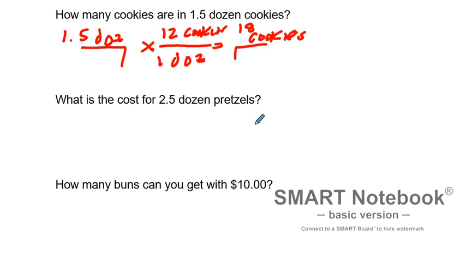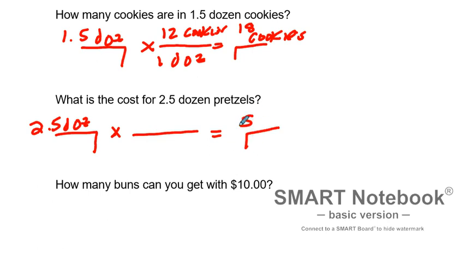Now, of course, we're still at the bakery, and we notice that they have pretzels. And now the question is, what's the cost for 2.5 dozen pretzels? Well, I'm going to start on the left side here, again, with what's given, 2.5 dozen. Because the word dozen is in the question, I know that's only a one-step question, equals. I want to know how many dollars that equals. Well, of course, I have to look at the prices in the bakery.